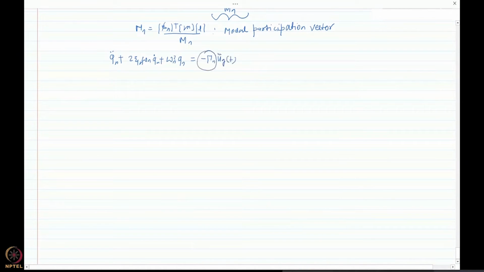Now, except for the gamma n term here, I have the solution available for the rest of the equation.